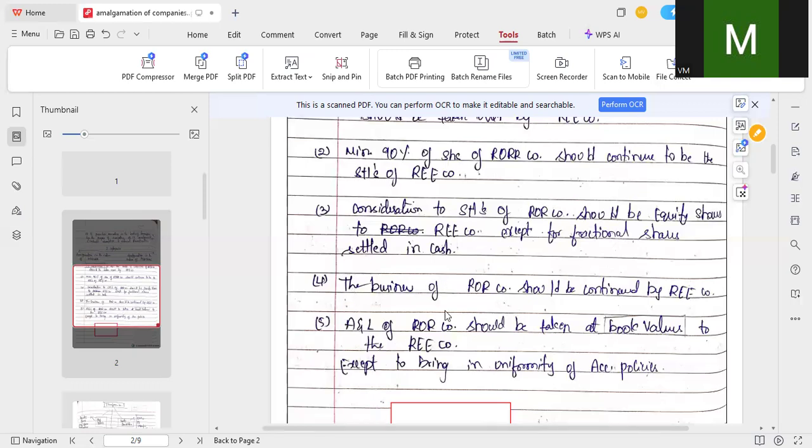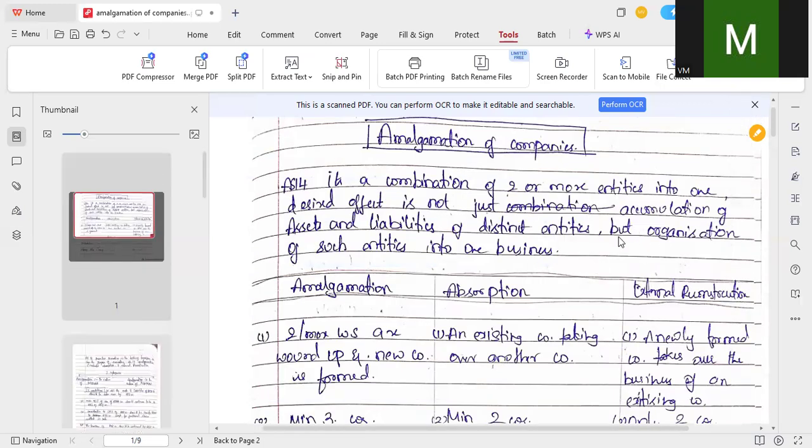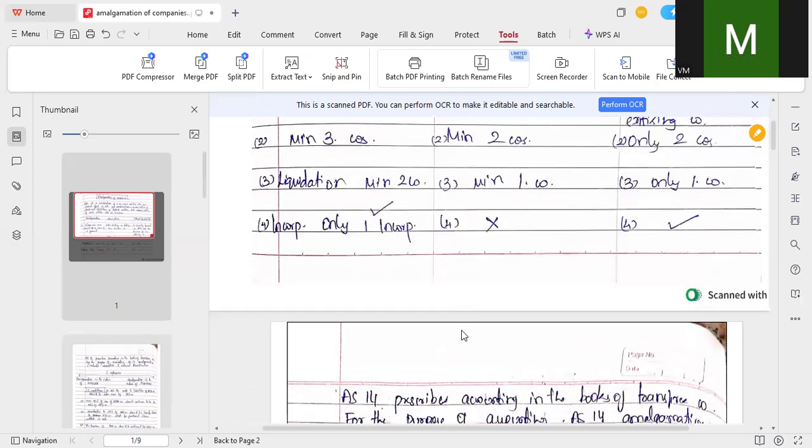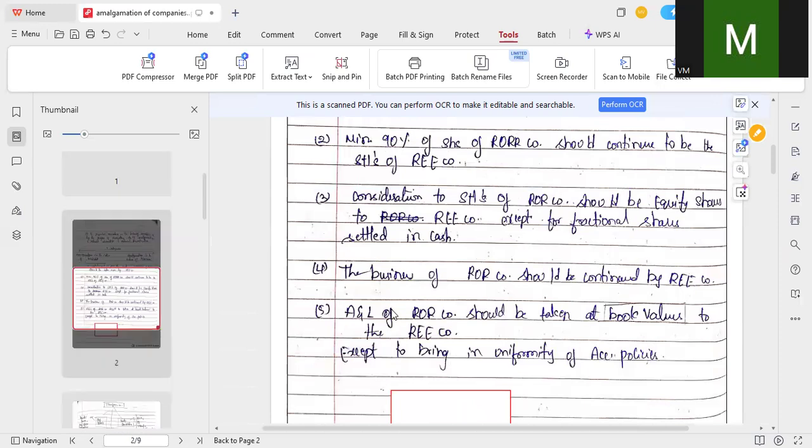Moving on to the fourth point: the business of ROR company should be continued by REE company. The meaning of this fourth point is the business of the transferor company should be continued. Now, Instagram and Facebook are dealing with the same business.